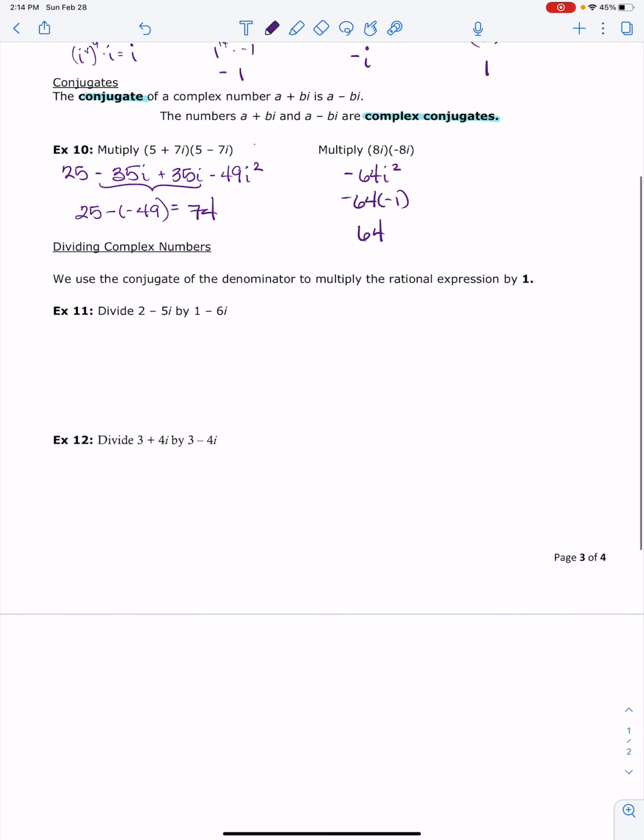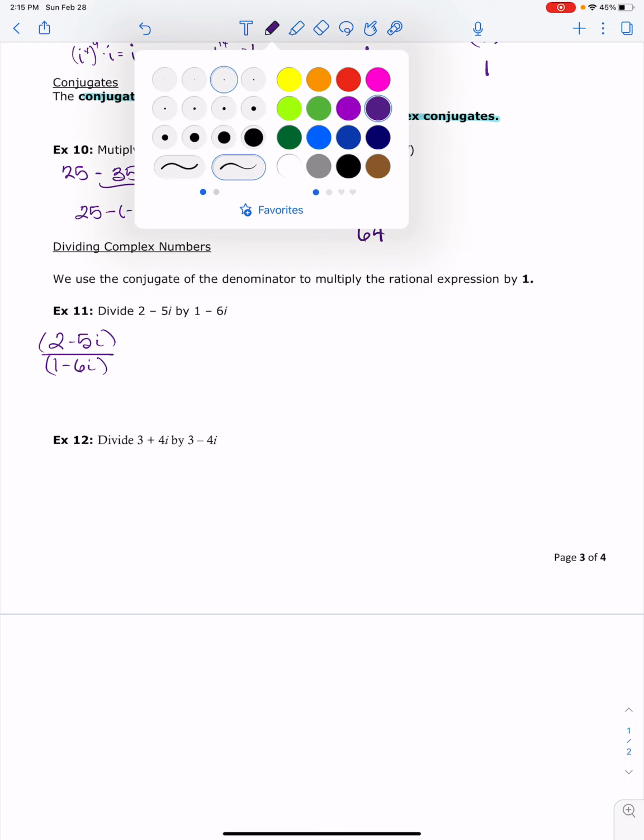We really always want to write our complex numbers in that a plus bi form. Can't really do that when we have real and imaginary parts in both the numerator and denominator. So here's what we're going to do. Here's our 2 minus 5i. We're dividing by 1 minus 6i. I want my denominator to be completely real.